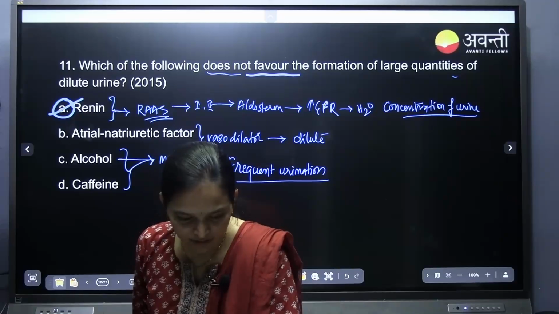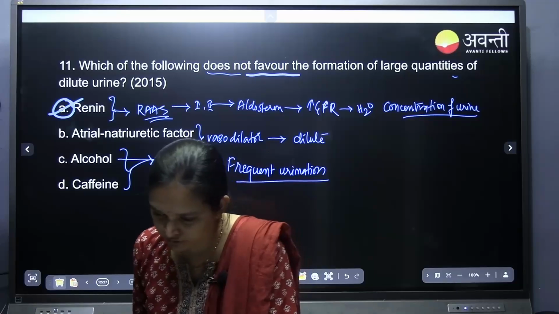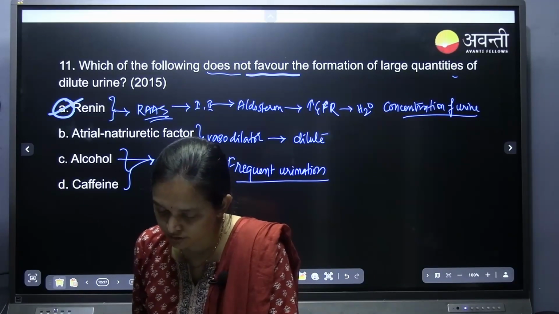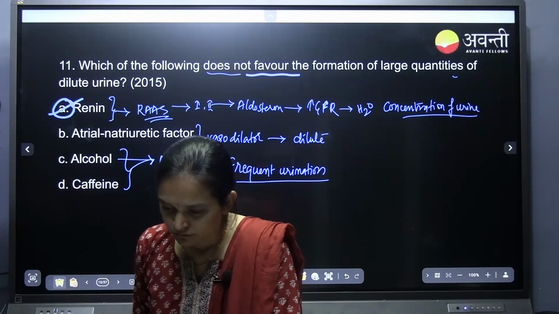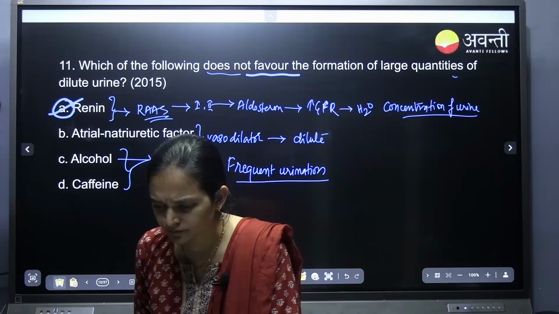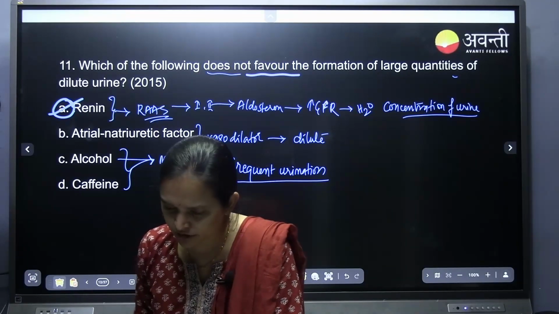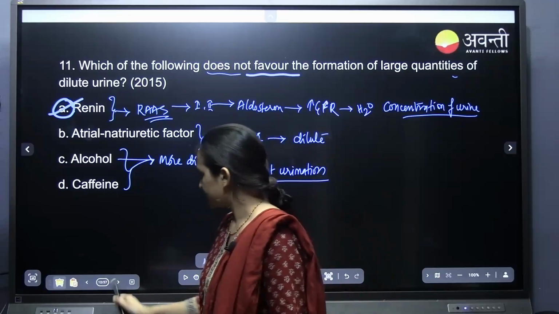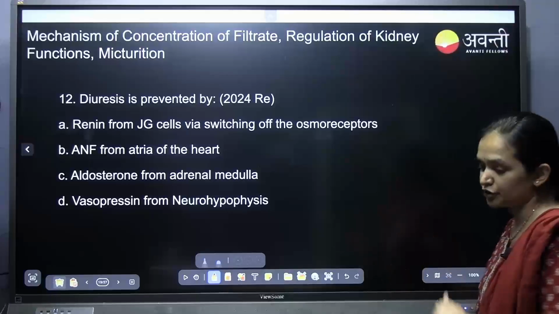So you want me to explain this, the regulation of kidney function, or shall we continue solving the question? Tell me, children. We can go through the RAS mechanism, antidiuretic factor, then ANF. If not, we'll continue solving the question.